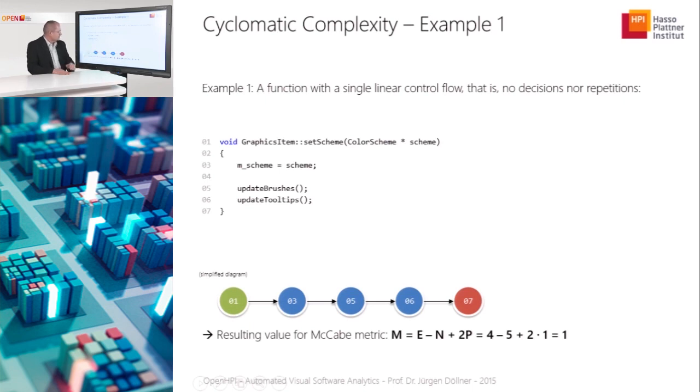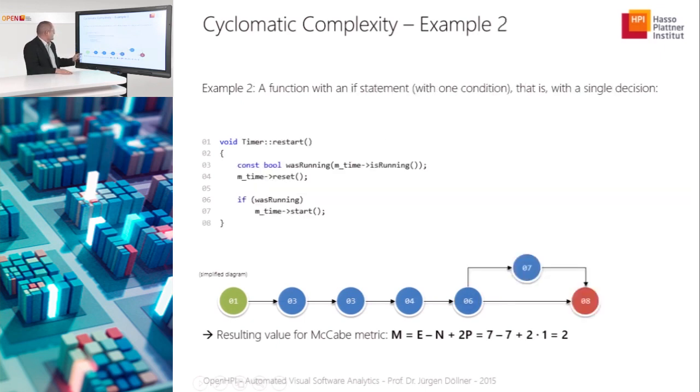You can see the linear flow. So we have 5 nodes and we have 4 edges. The resulting cyclomatic complexity is calculated by 4 minus 5 plus 2 times 1, that is 1. The cyclomatic complexity of a linear control flow is always 1.